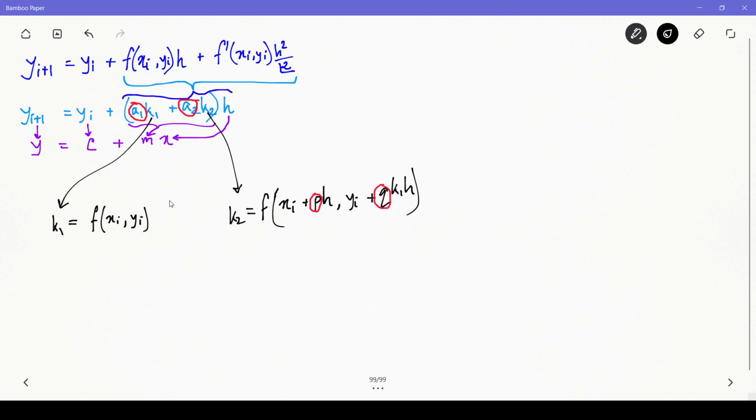Okay, so if you equate the coefficients of these two equations, what we'll come up with is something like this: a1 plus a2 equals 1, a2 p equals half, a2 q equals half.